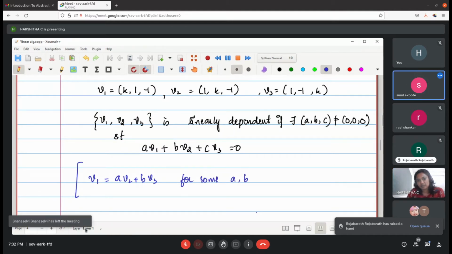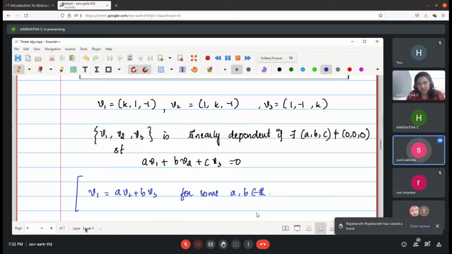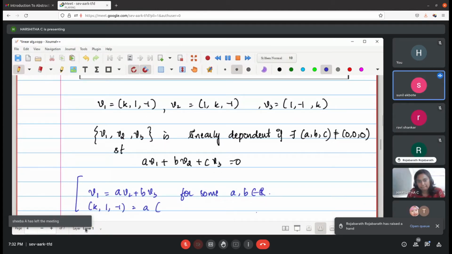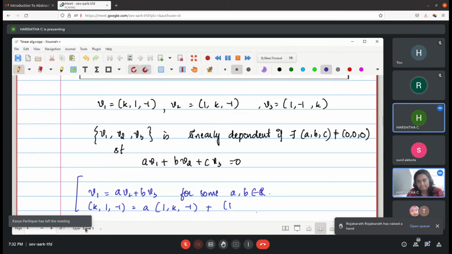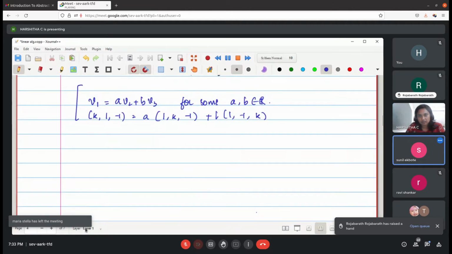Both are non-zero. Okay, it doesn't matter. Anyway, now how would you go ahead, sir? Then you write that first vector v1 as (1, k, -1), which is equal to a times (1, -1, k) plus b times v3, which is (1, k, -1)... Then you add this, so that is a plus b equal to k.